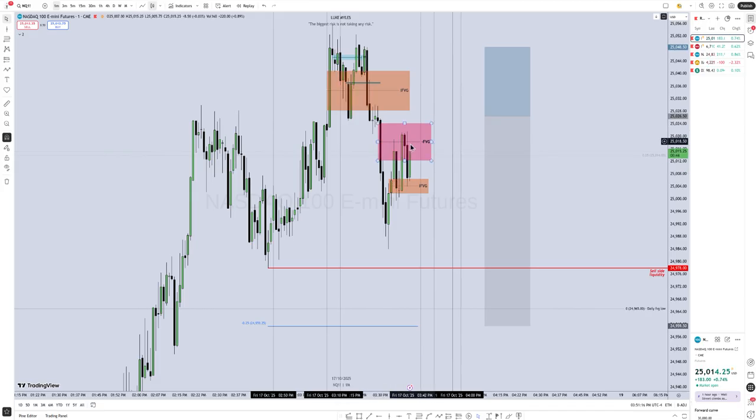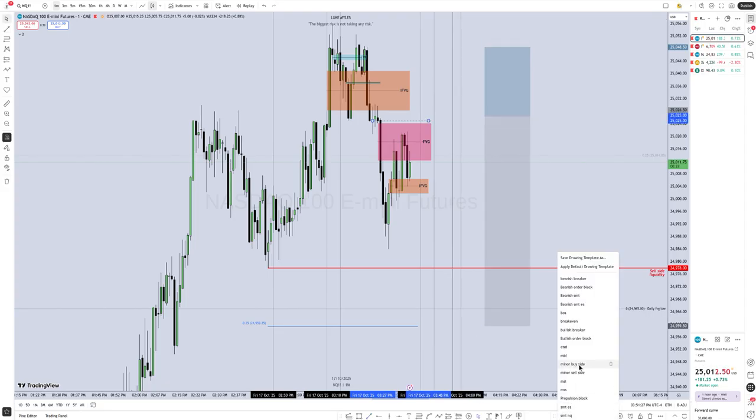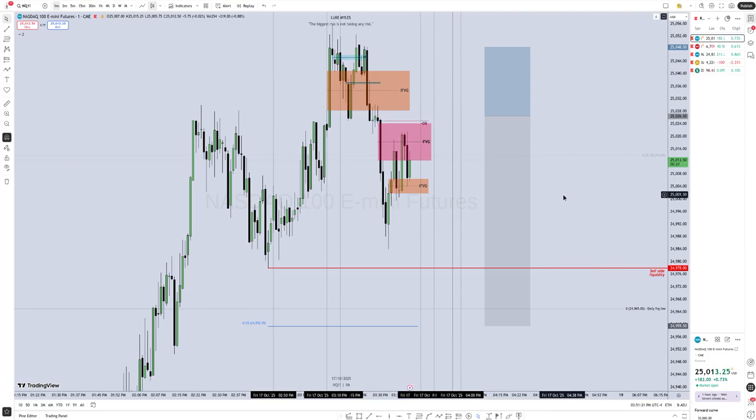Now, how far can the market go if it surpasses this fair value gap? I'm having an order block right here, the top of that fair value gap. This is a bearish order block. Trade back into the lower quadrant of that one more time.